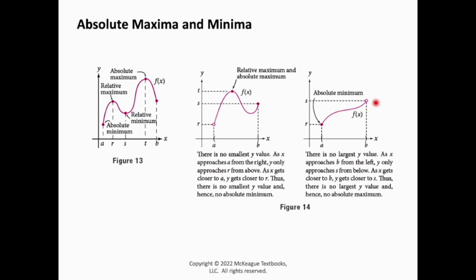But I can find a point closer than that. It would be 0.999. So that would be higher than the 0.99. And I can always find a point higher than that keeps getting closer and closer to that open circle. So there is no absolute maximum on that interval.